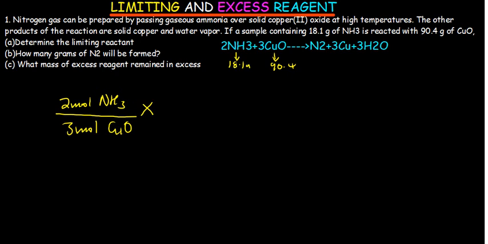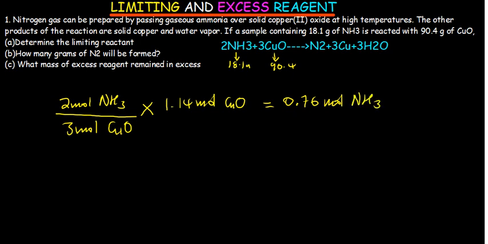The moles of copper oxide which we have is 1.14. So let's calculate this. We have 2 over 3 multiplied by 1.14, and that is going to give us 0.76. These are moles of ammonia.